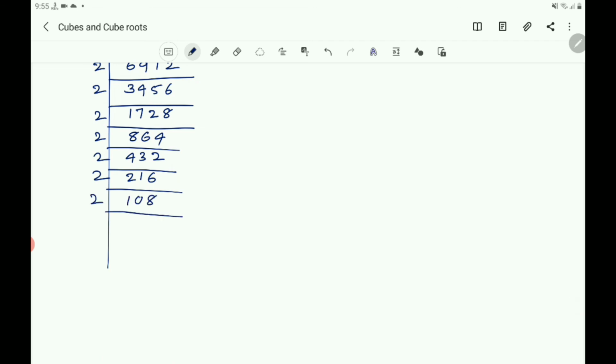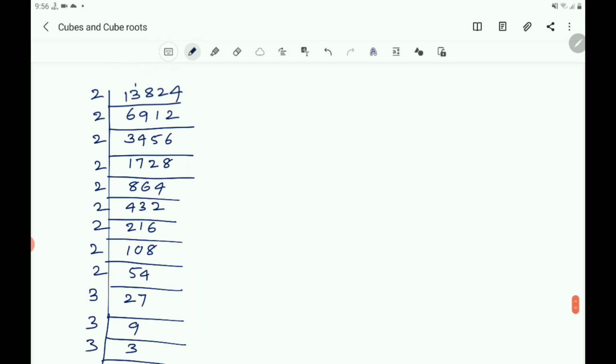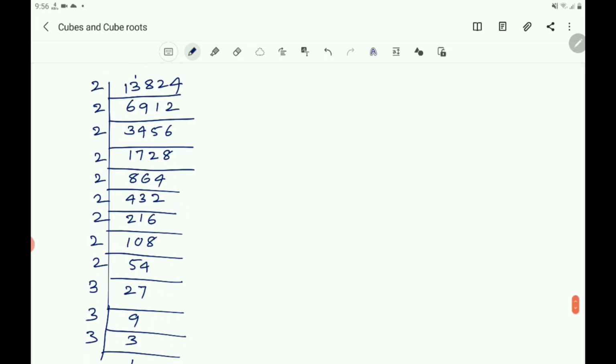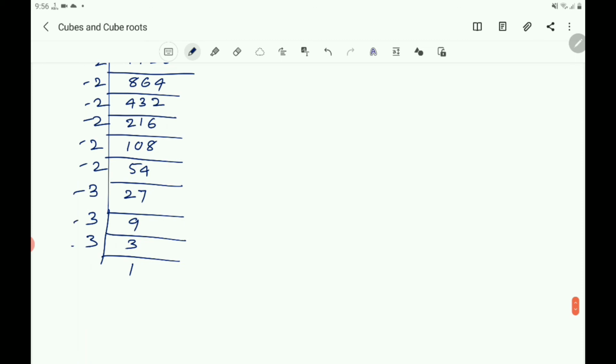Then you divide by 2. 2 5s, 2 4s. Divide by 2. 2 2s, 2 7s. Then it is divisible by 3. 3 9s, 3 3s. Then 3 1s. Here you got 1 2 3 4 5 6 7 8 9, 9 times 2 and 3 times 3.